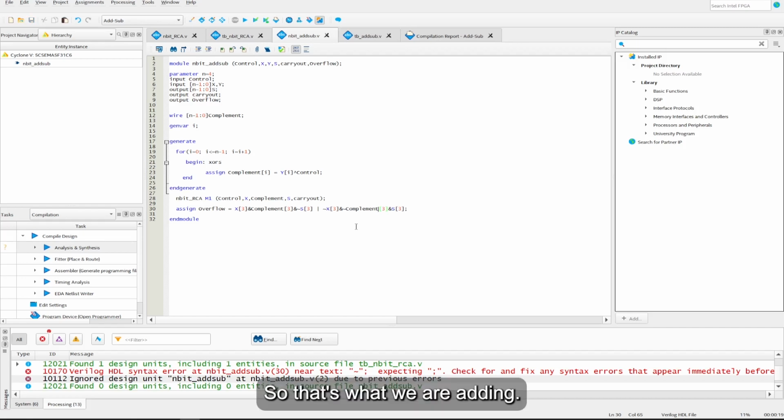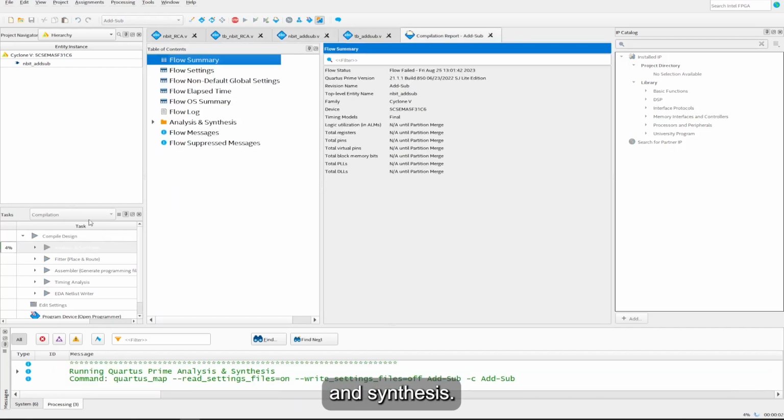So that's what we are adding, and then let's try to analyze and synthesize now.